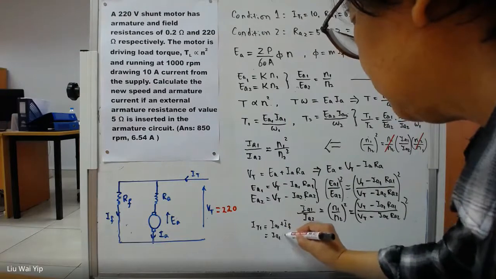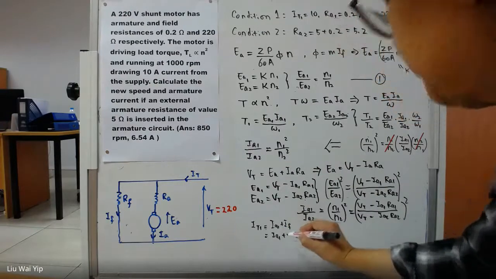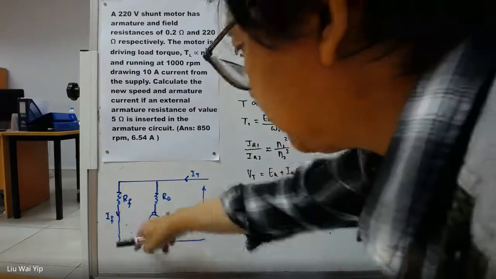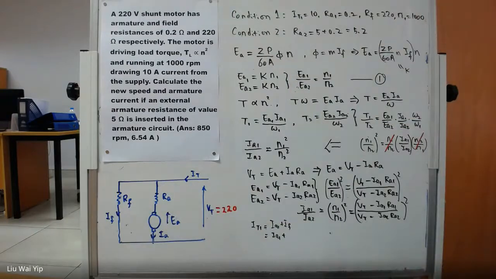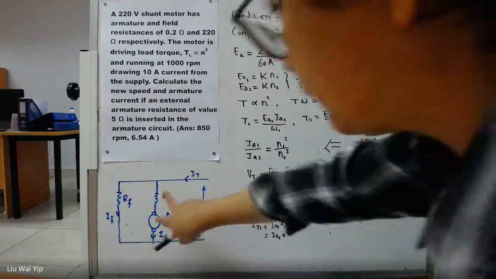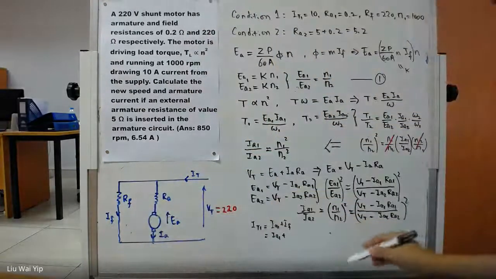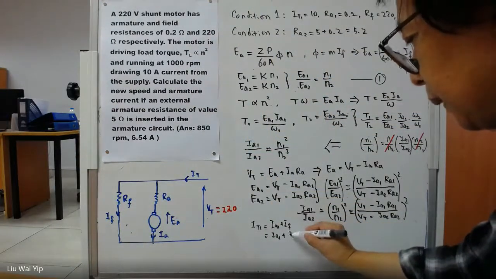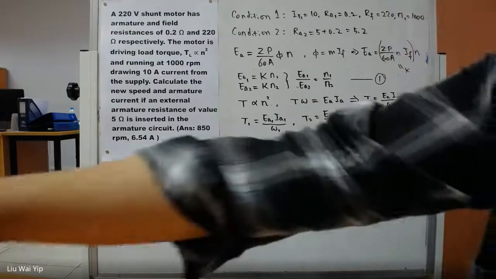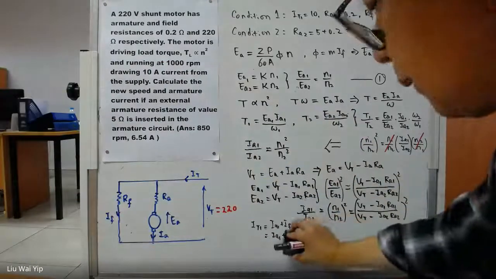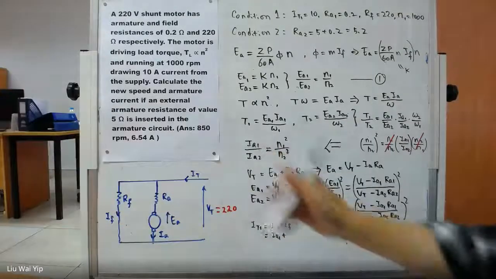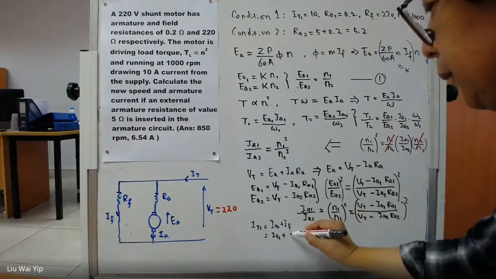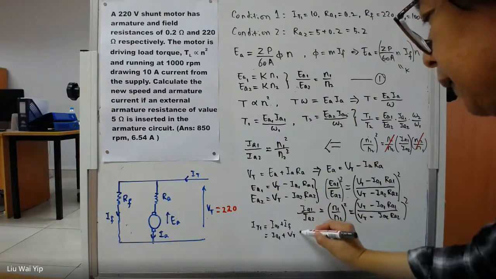IA1 we don't know, and then the field winding current: the voltage divided by the field winding resistance, which is VT divided by RF.